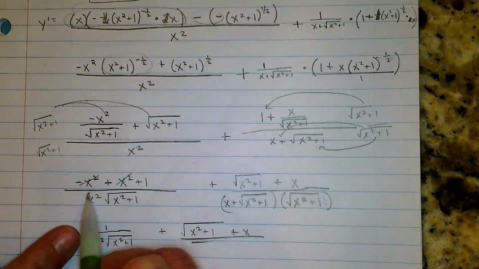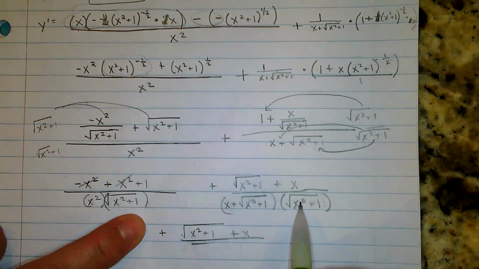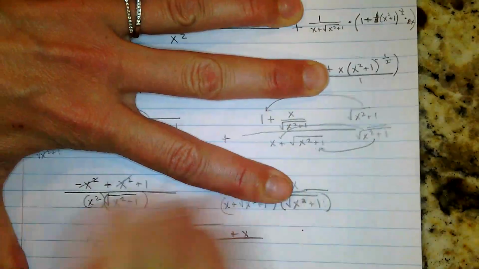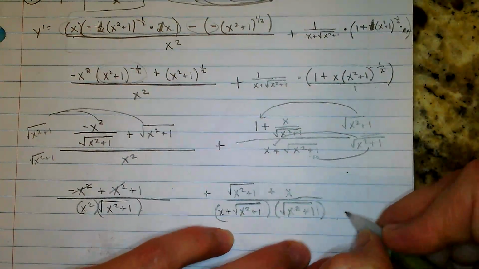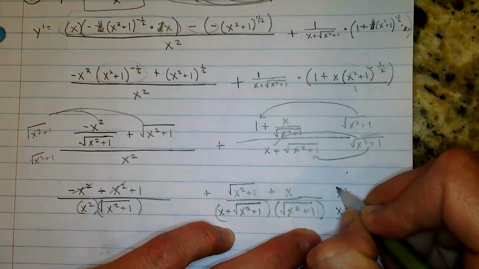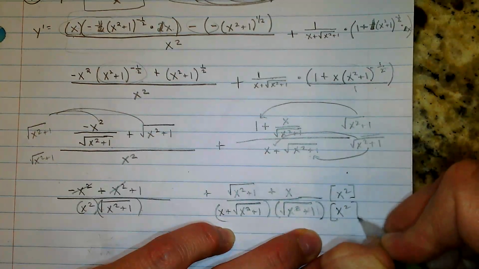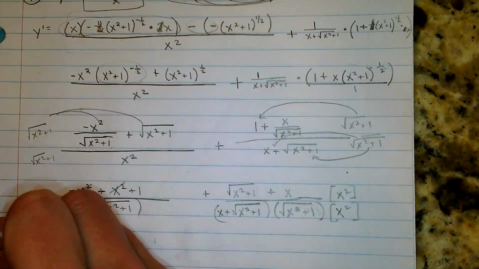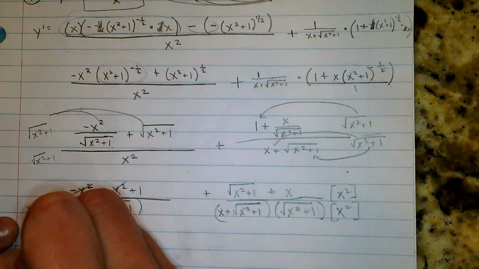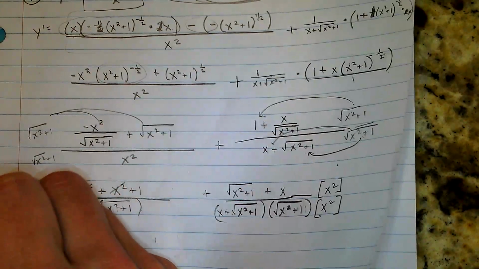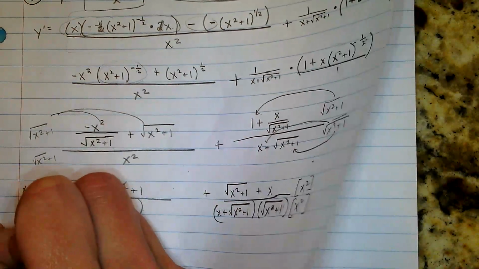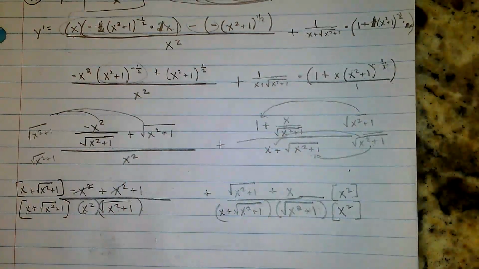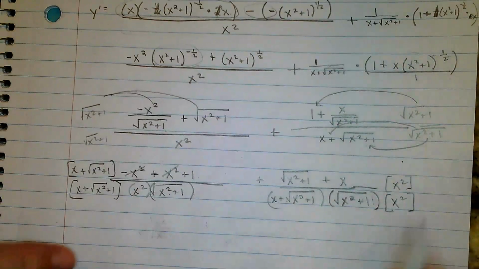So they already have that in common, which means this side needs an x squared, and this side needs the x plus root x squared plus 1, which isn't so bad because that's just getting multiplied by a 1.